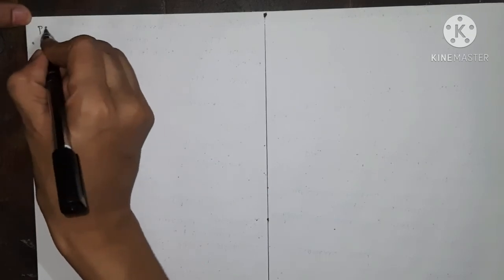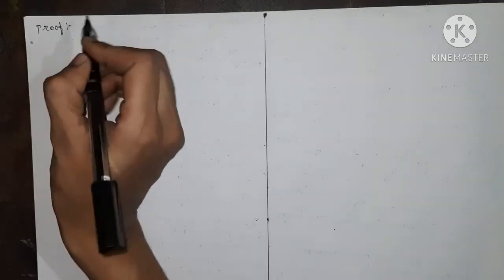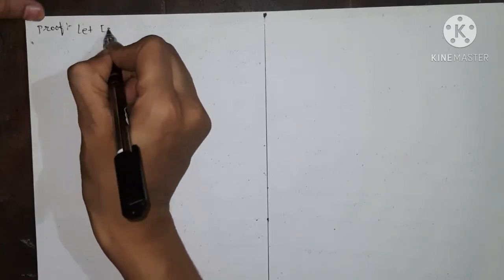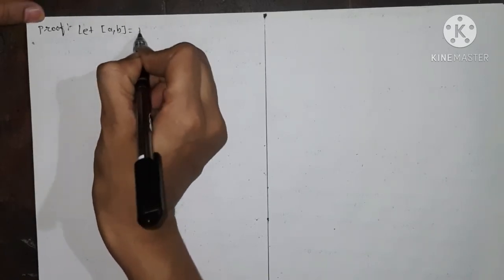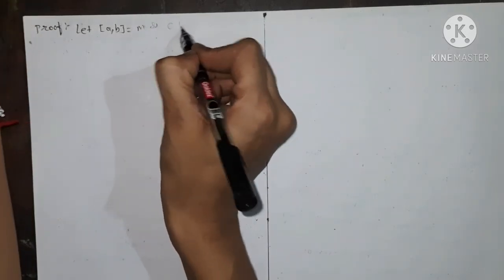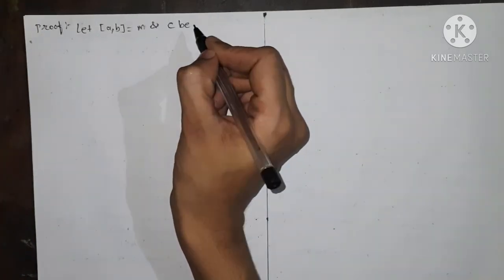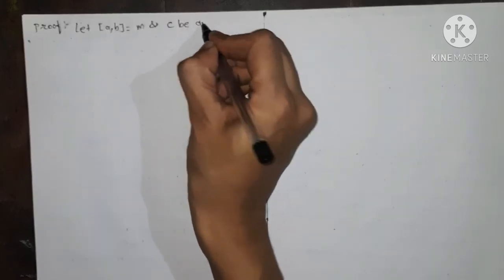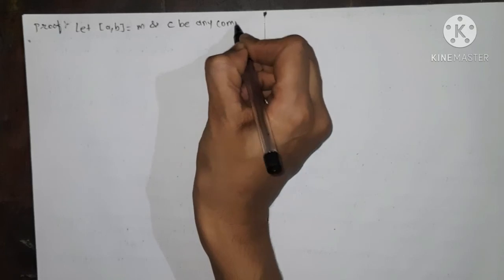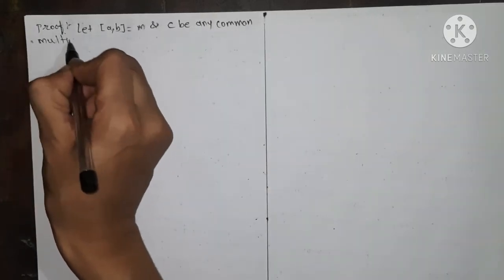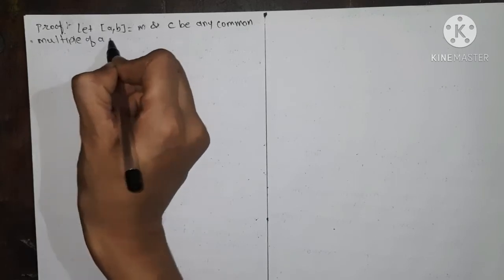Proof. We let the LCM of a, b be equal to m, and we take c to be any common multiple of a and b.